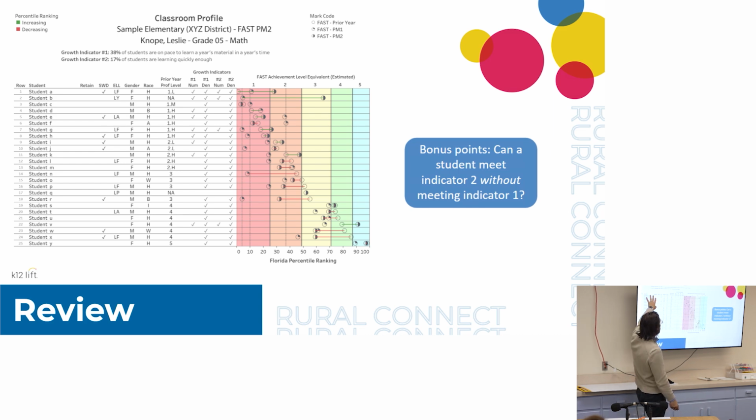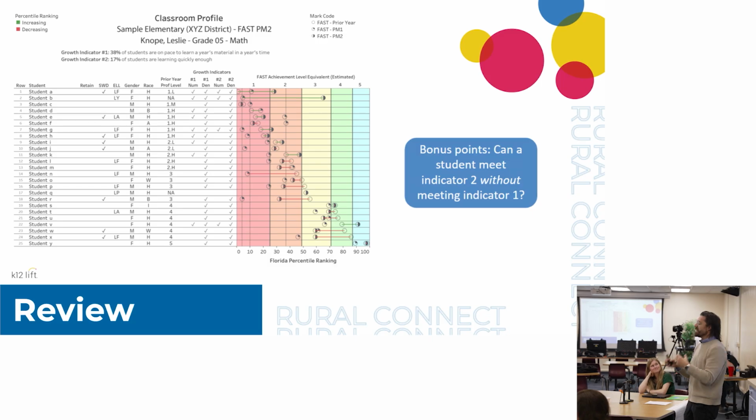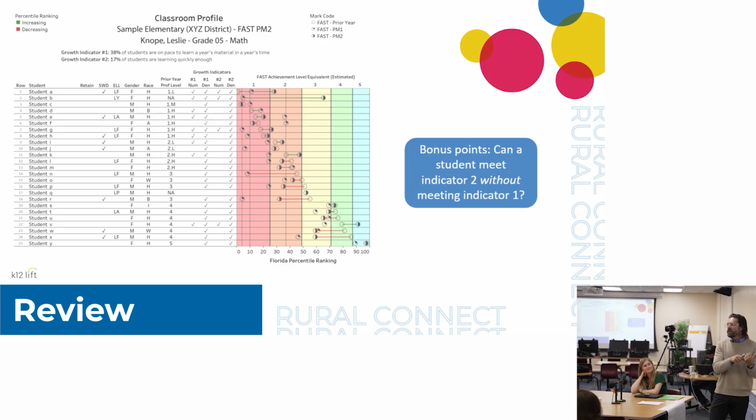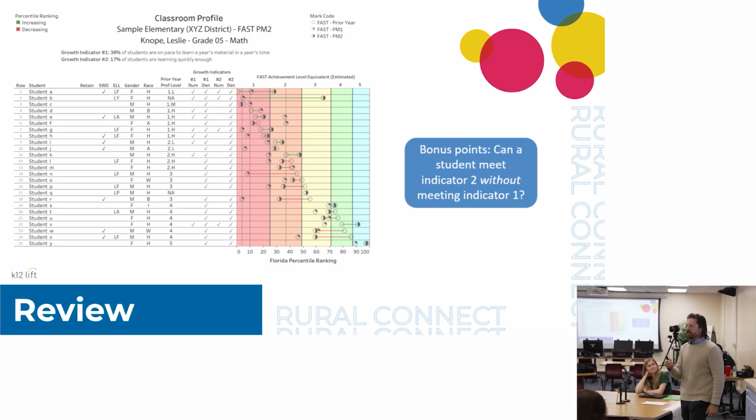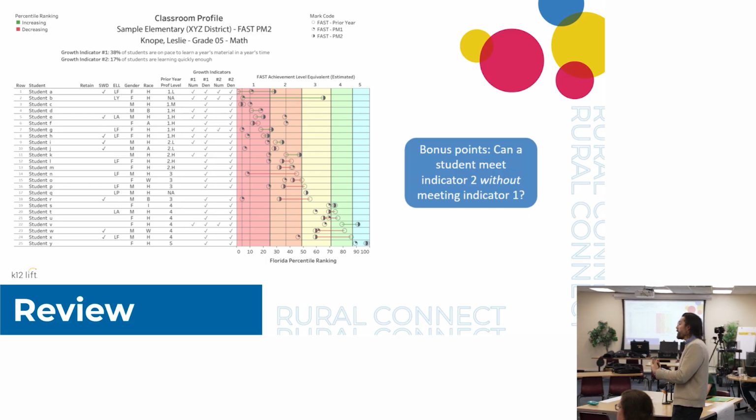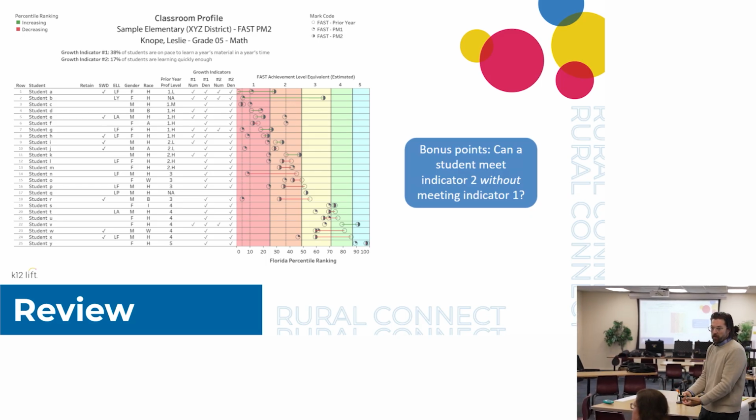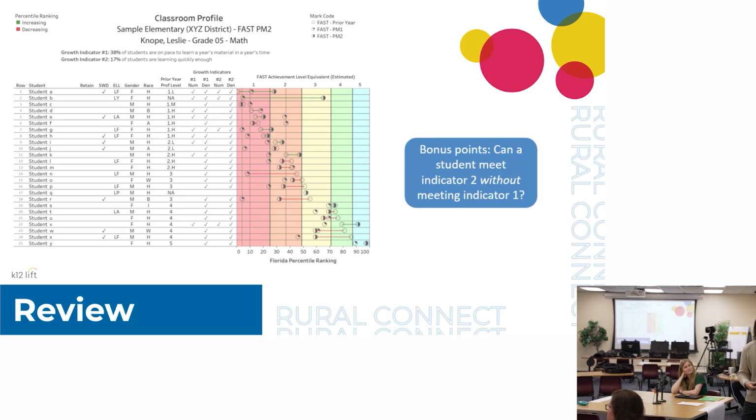It's also helpful to remember, when you look at these percentages, this 17% is a subset of that 38%. So we wouldn't add them together and say, hey, I have 50 or 60 percent of my students meeting this, because that 17% is part of that 38%. That 17% is just meeting the more rigorous demand that we're looking for, making sure everyone's on pace.